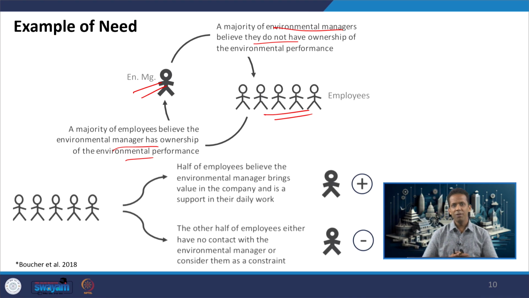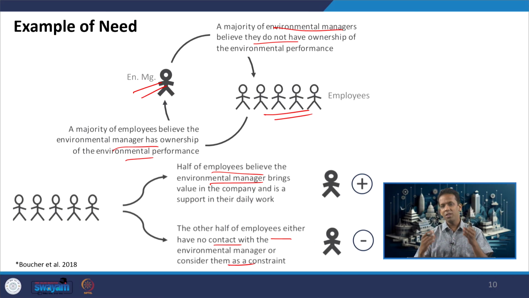The second observation was that half of the employees believed that the environmental manager will bring value to the company and support their daily activities. But the other half either did not know who the environmental manager was, or considered the manager a constraint, because integrating the environmental front into the corporate culture needs a lot of reshuffling, restructuring, reallocation of budgets.